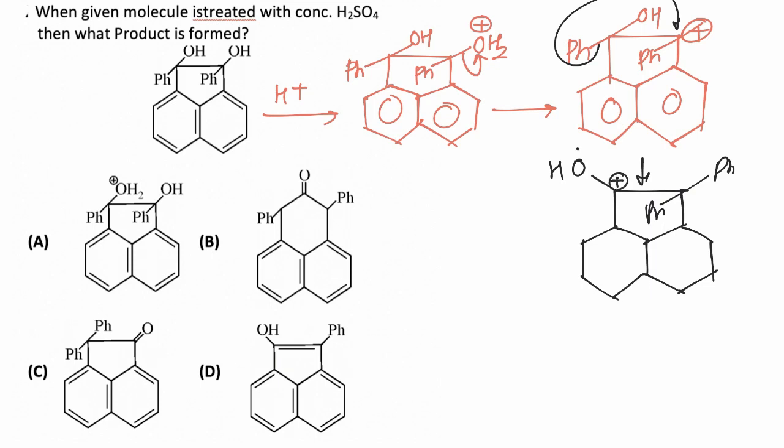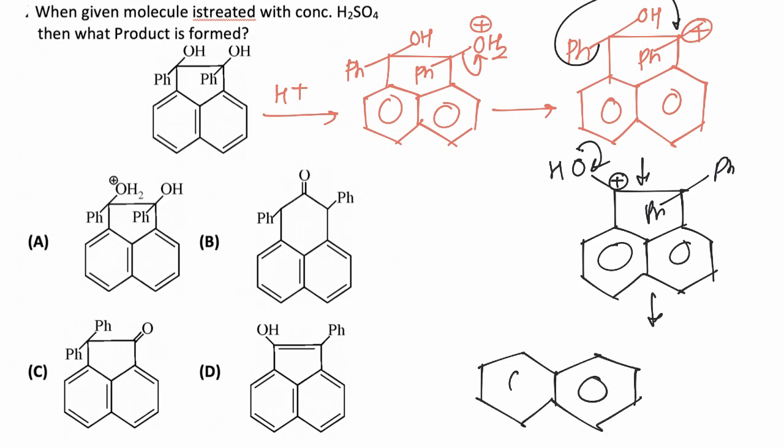Now this is stabilized by alpha effect of OH and finally converted to carbonyl group. So both phenyl group are attached at same carbon and carbonyl group is attached at adjacent position. So correct answer is C.